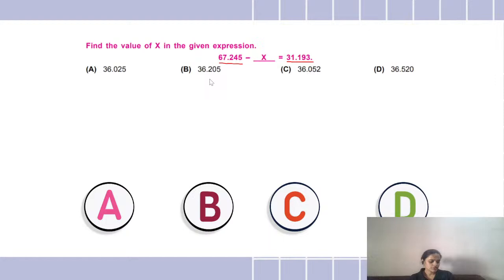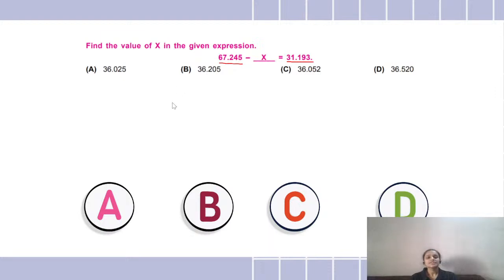And let's see what the others give. Okay, Divyanshi says option D. Jenisha says option C. Okay, let's find out whether the options that are given by you all are correct or not.